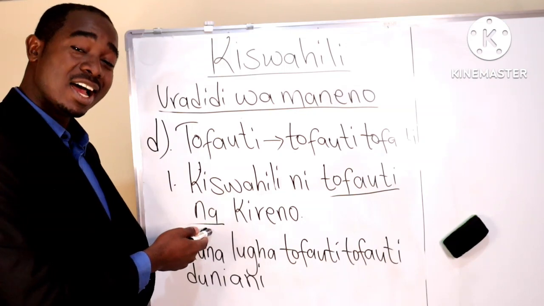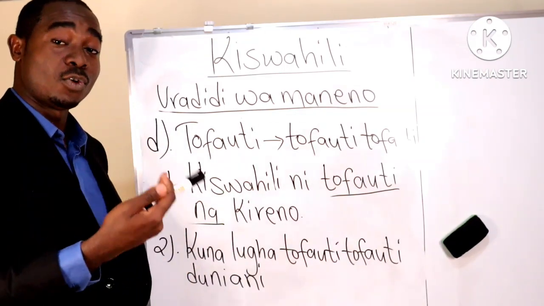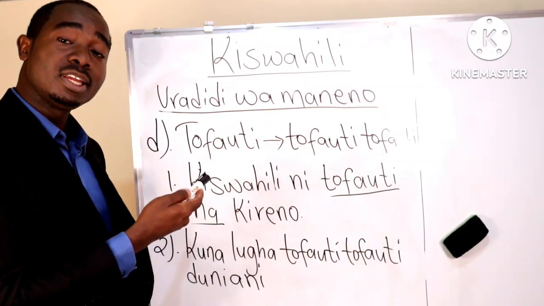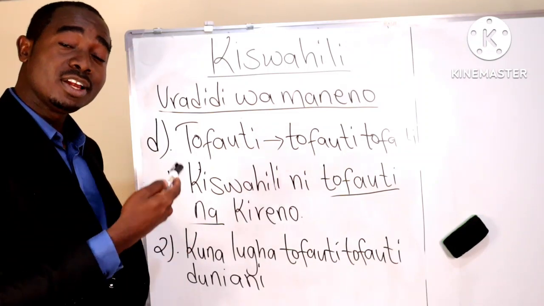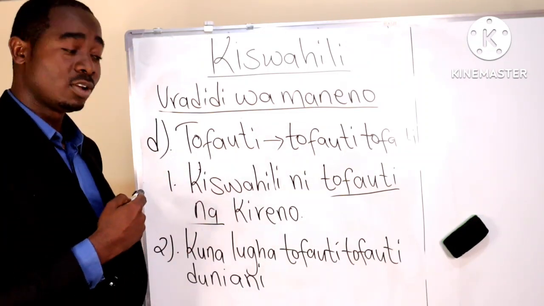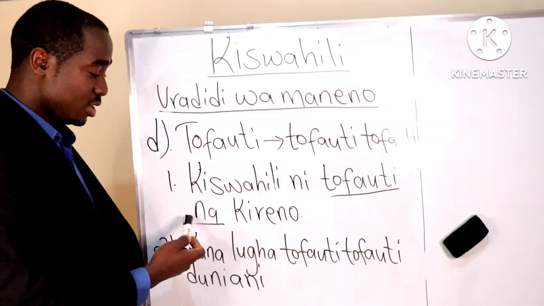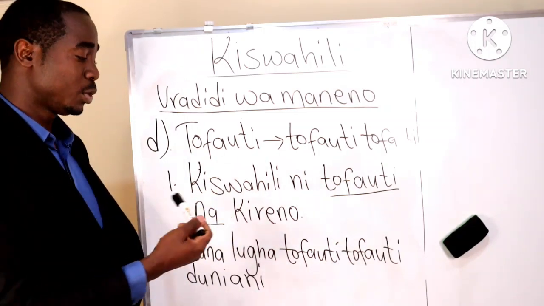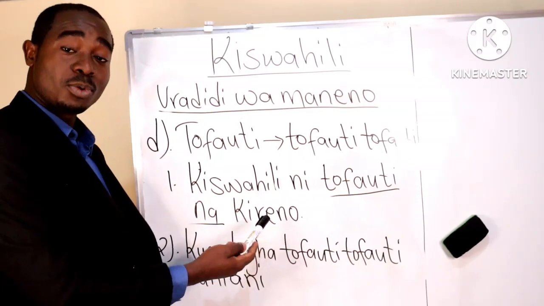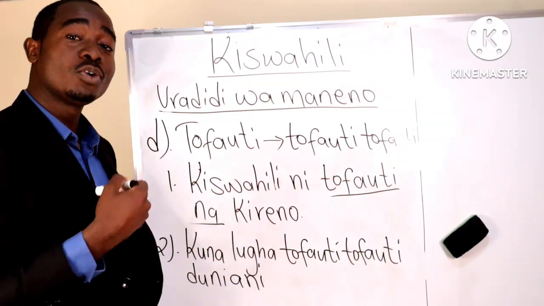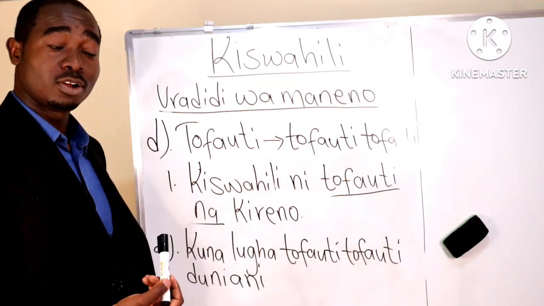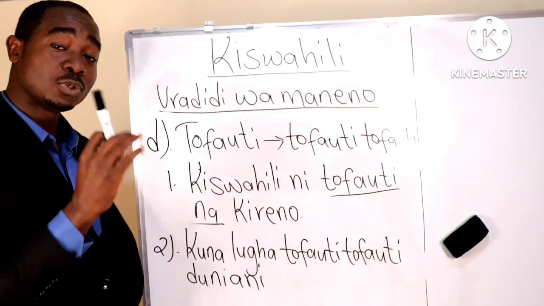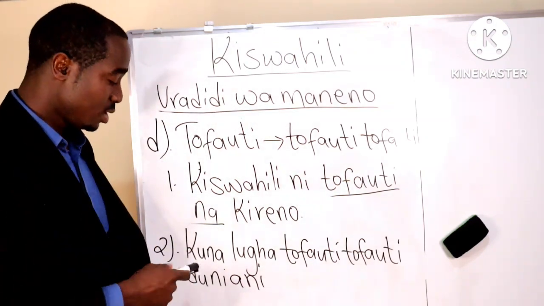We have to put this na so that we compare from. Kiswahili ni tofauti na Kireno. This is Kireno, Portuguese, from the country Ureno, Portugal. Also in Brazil wanazungumza Kireno.